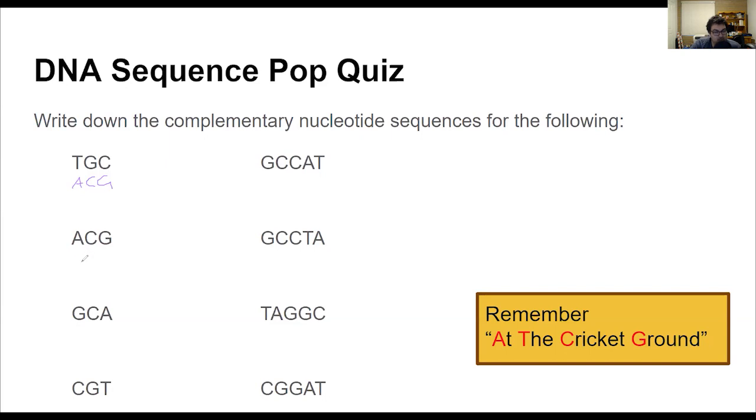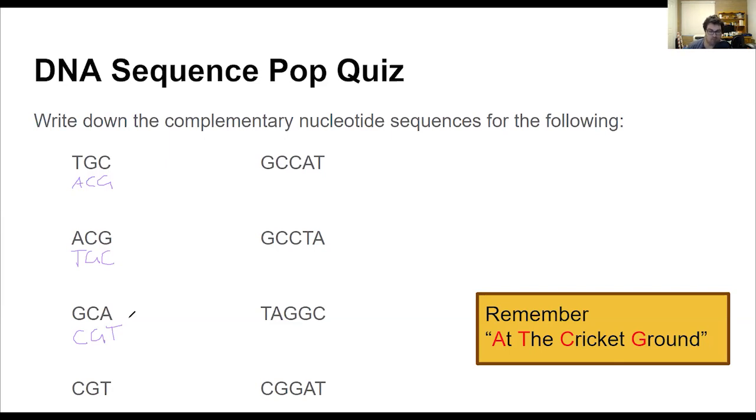Likewise with the second one down here, you would have a T, a G, and a C. And if we run down to our third one just here, we would have a C, a G, and a T.